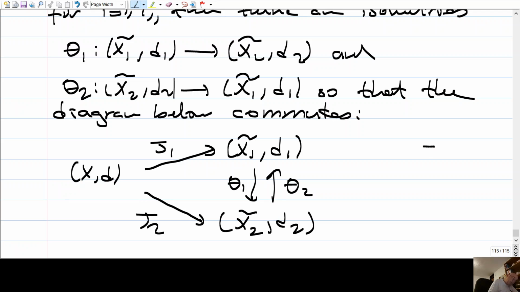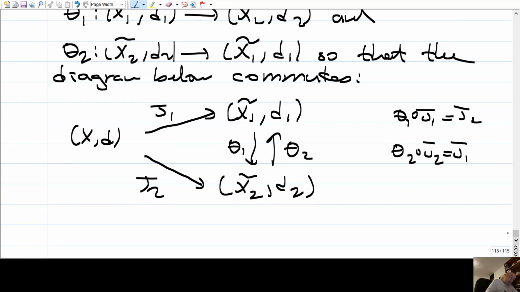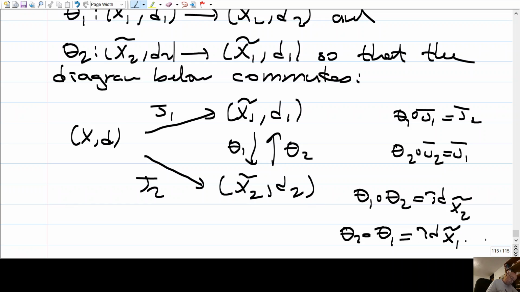So theta 1 composed with j1 is j2, and theta 2 composed with j2 is j1. And these are inverse of each other. If I go with theta 2 first and then come back with theta 1, this is the identity map of x2 tilde, and this is the identity map of x1 tilde.